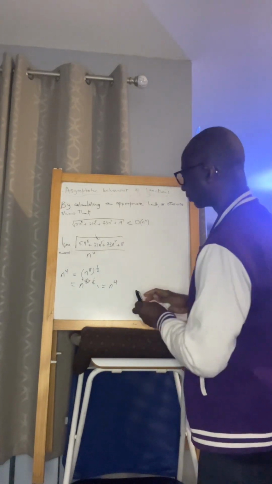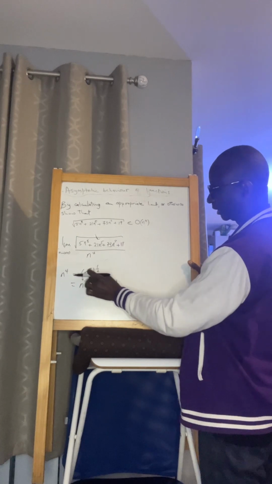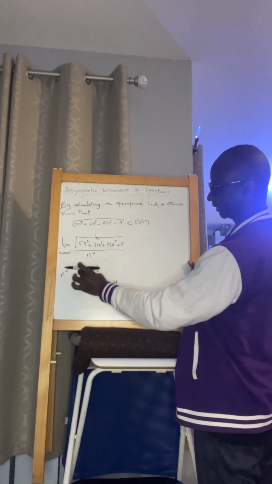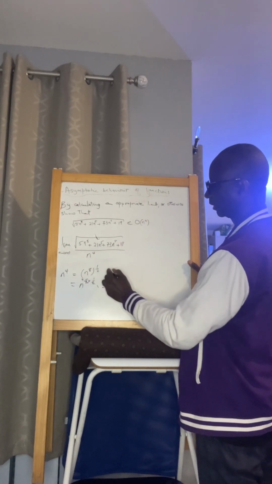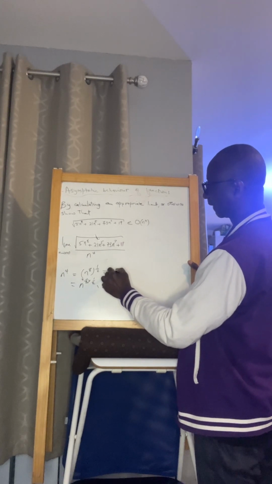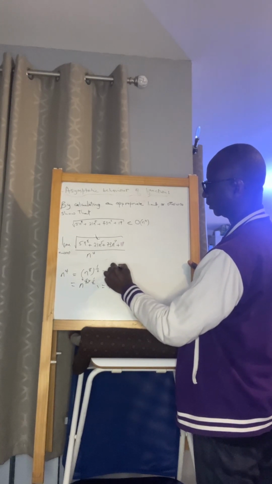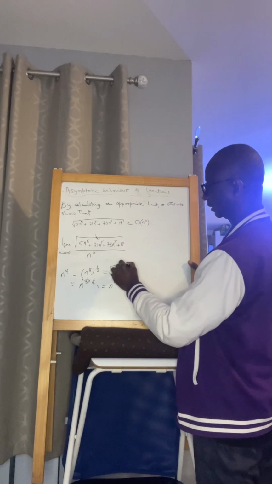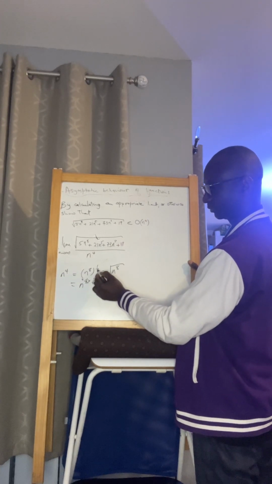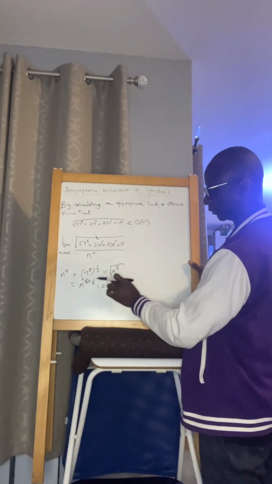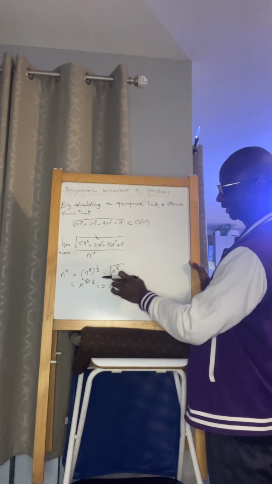And this n to the power of 8, all in brackets to the power of half, can also be written as the square root of n raised to the power of 8. You know this symbol, when it is up, it's simply finding the square root.